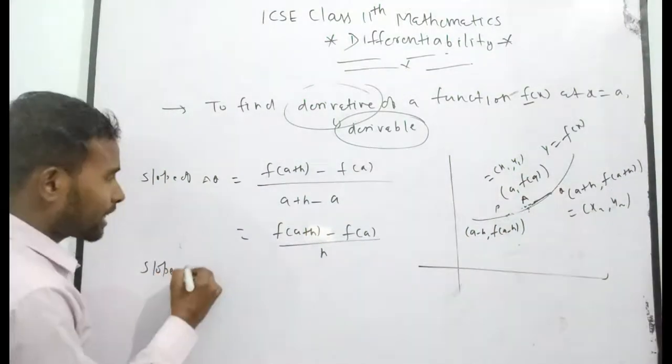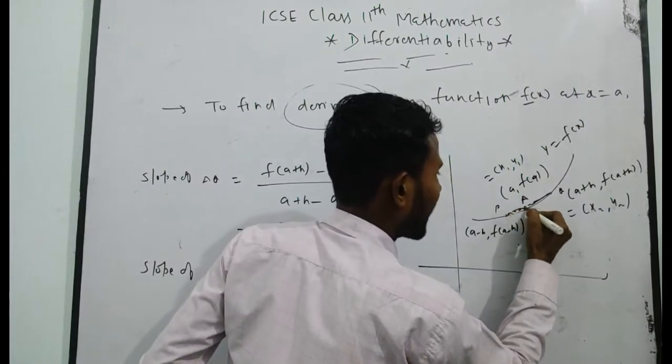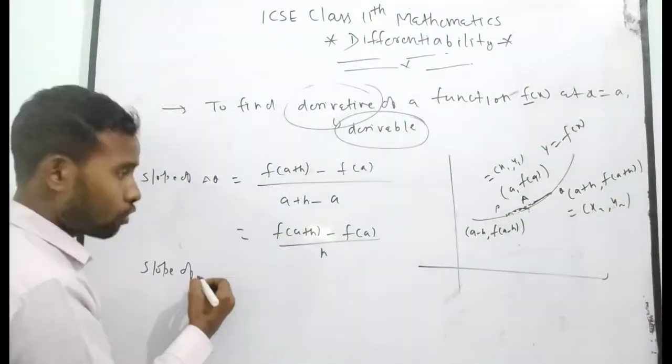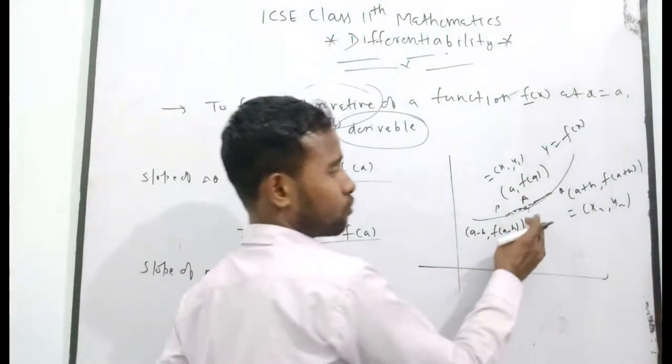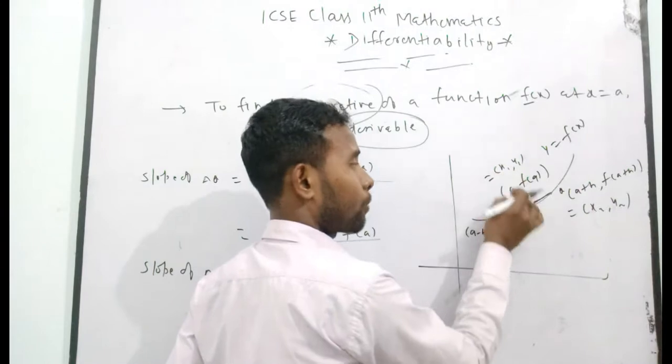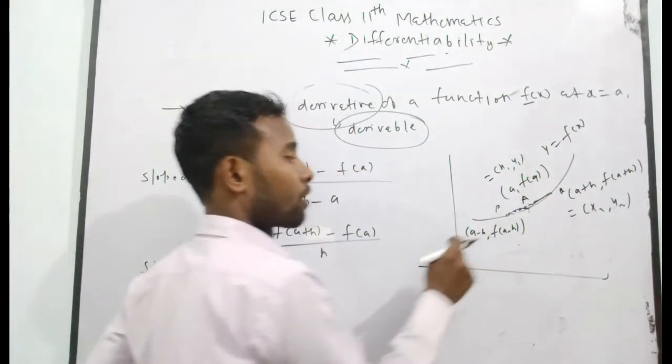Again, I want to find the slope of AP. The slope of AP will be y2 minus y1. Suppose this is x1, and this is x2 and this will be y2.